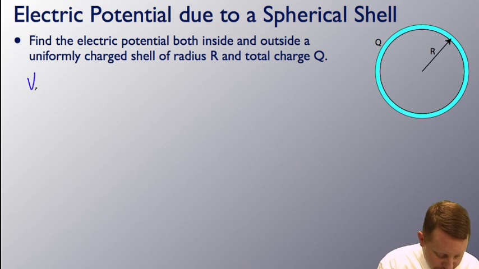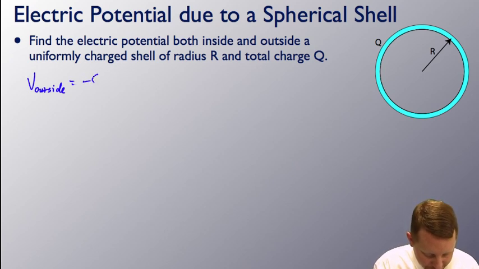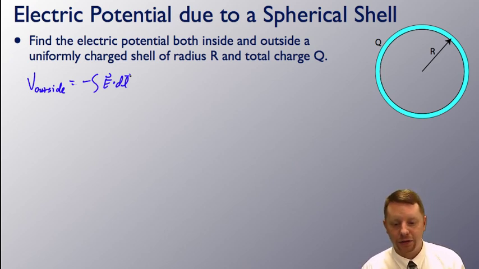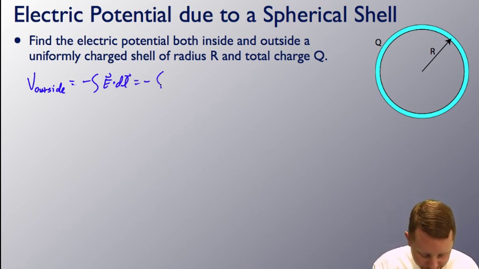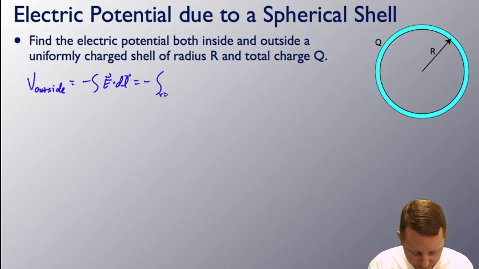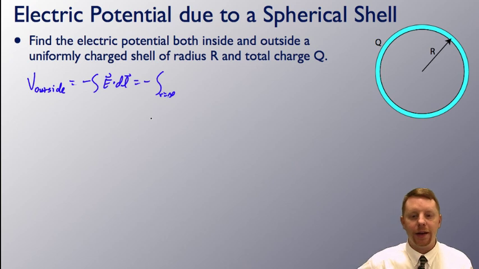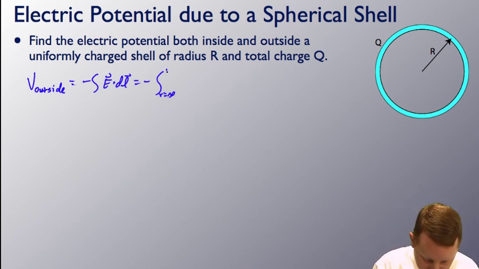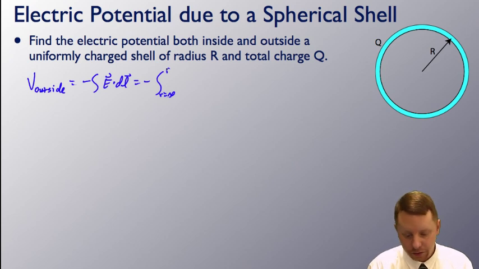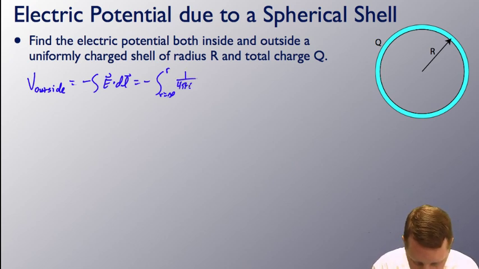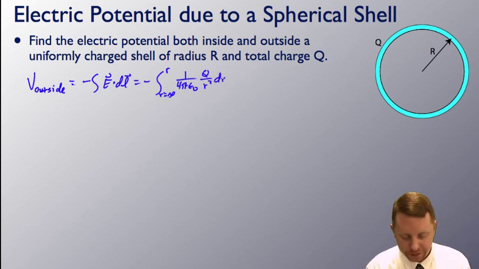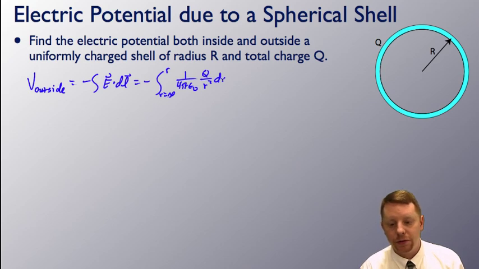So I could write that the electric potential outside that sphere is the opposite of the integral of E dot dl. Just taking another path here to show you how it's done. That's going to be the opposite of the integral, and we're going to go from r equals infinity, a long way away, all the way to some radius r, of the electric field, 1 over 4 pi epsilon naught q over r squared dr. The electric field due to that spherical shell of charge should be pretty familiar by now.